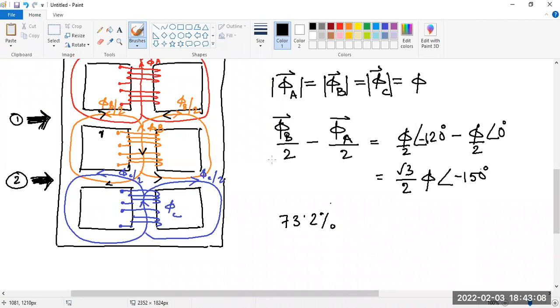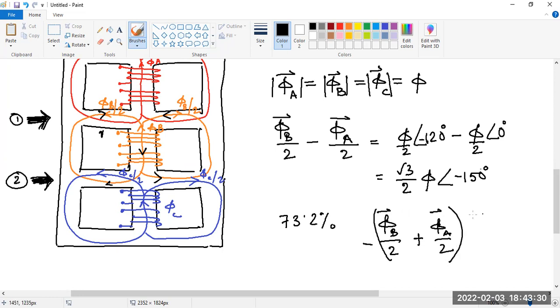So how do you get the advantage from that? Here, instead of writing phi B by 2, what we have to write? Both become negative, so it will be additive.